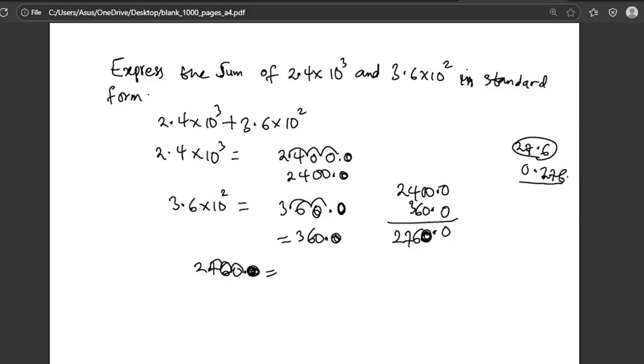What we want is 3.76, a number between 1 and 10. That's 3.76 times 10 to the power 3, since we moved the decimal point 3 times. So that's our result in standard form.